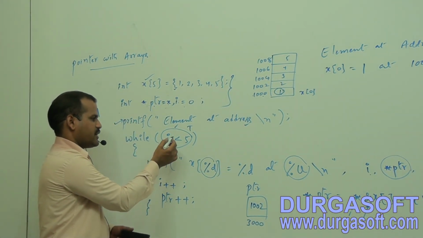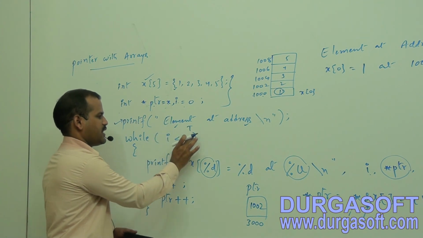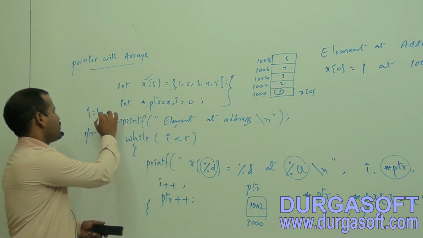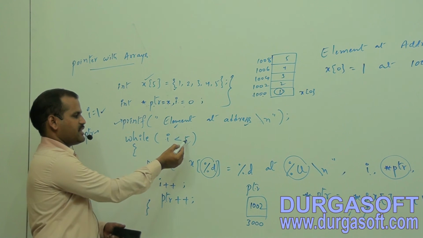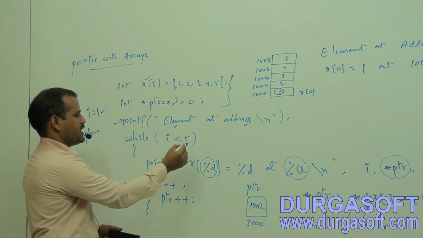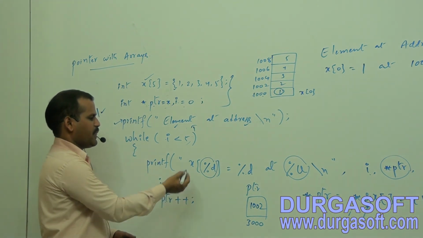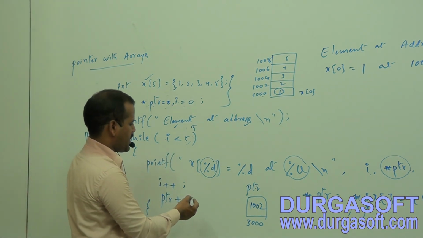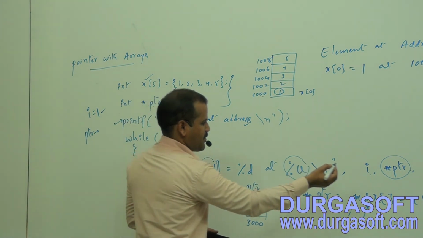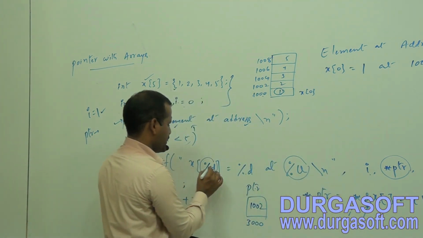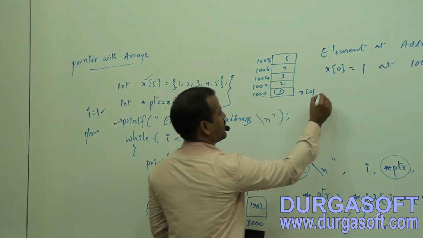In the second iteration, we have to verify the condition with I value 1. So I less than 5, 1 less than 5, the condition is again true, and the loop body will be executed. Again in the next iteration, I value is incremented.